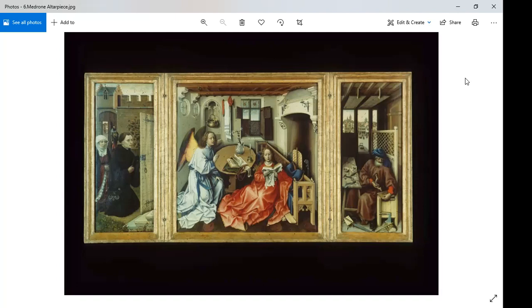A triptych is a painting. I'll start over. It's a painting with 3 panels, okay? 1 large central panel, this one, and 2 smaller hinged side panels. There's no other way to define it.